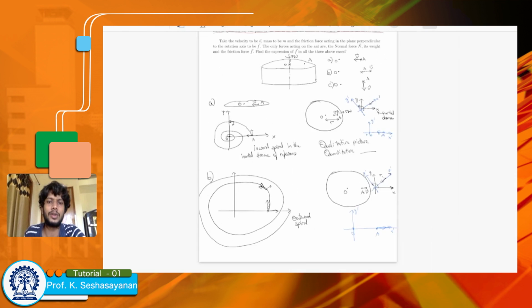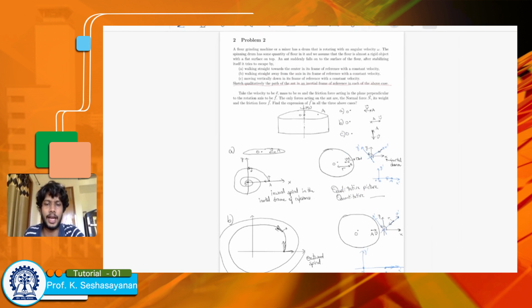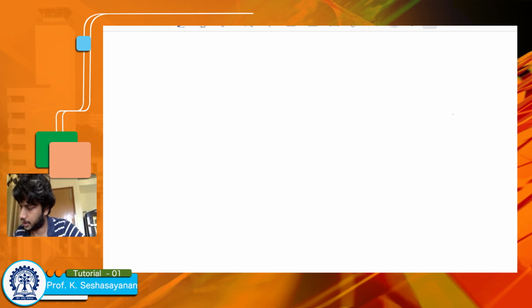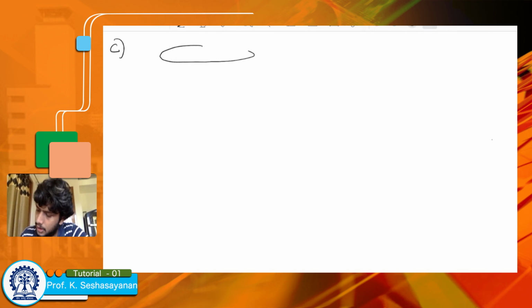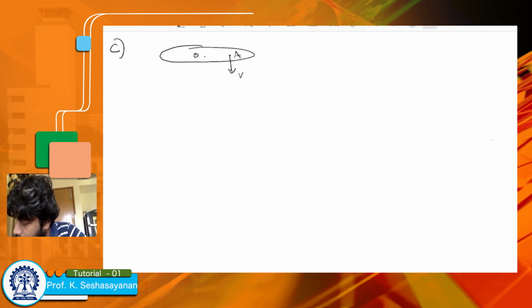Okay. Now let's go to part C, which is when the ant moves downwards with a constant velocity v. So I go here, to part C. But now the ant is moving in the vertical direction, so we'll have to see from both top and on the side.